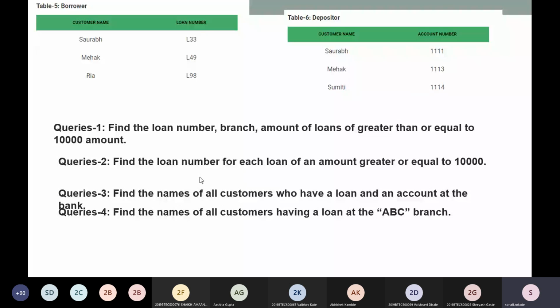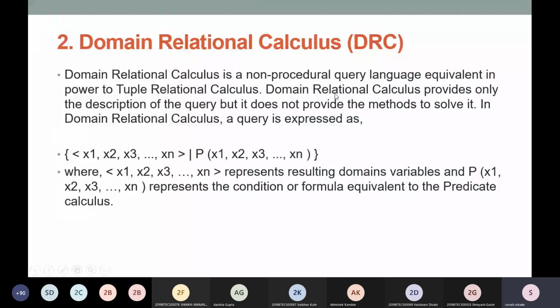Now the next one is the domain relational calculus. Remember, we worked on tuple calculus to find the set of tuples by using a predicate, a condition. Here we apply the same thing, but on domains of variables. So what is a domain?